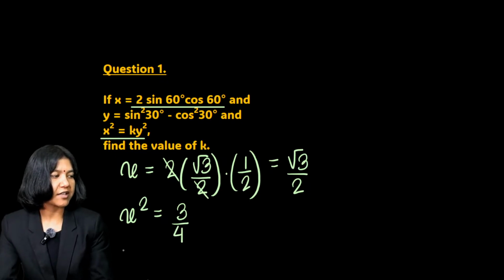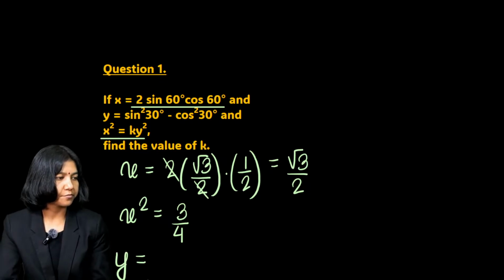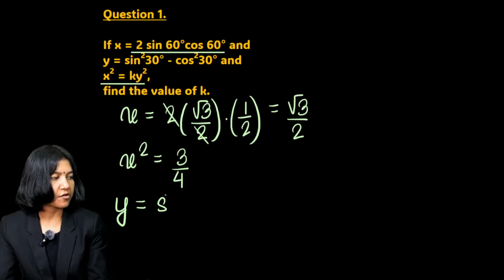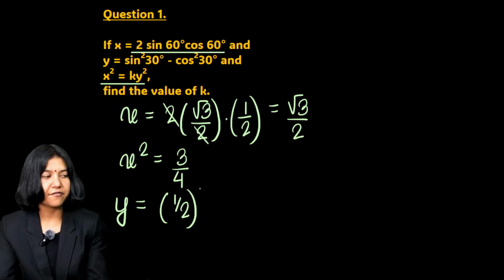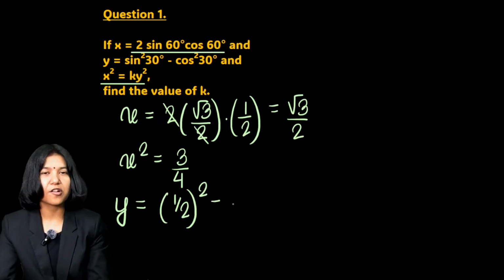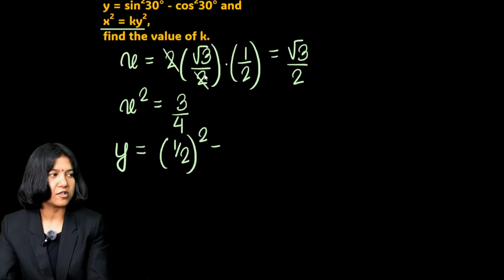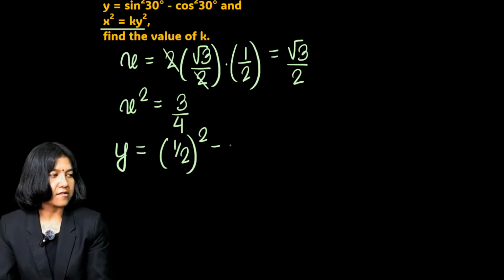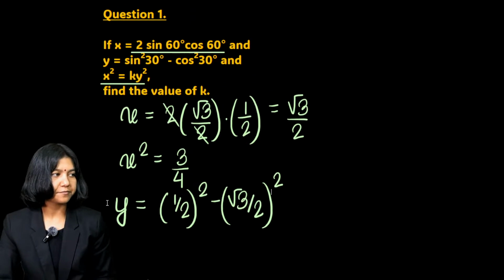And now let's try the same thing for y. Y has been given to you as sine squared 30. I know that sine 30 is half, as I said, so I'll take half, square it, minus, now cos 30 is the same as sine 60, which I know was root 3 by 2, so I'm going to write that as cos 30, and now again that's being squared, okay, you see.